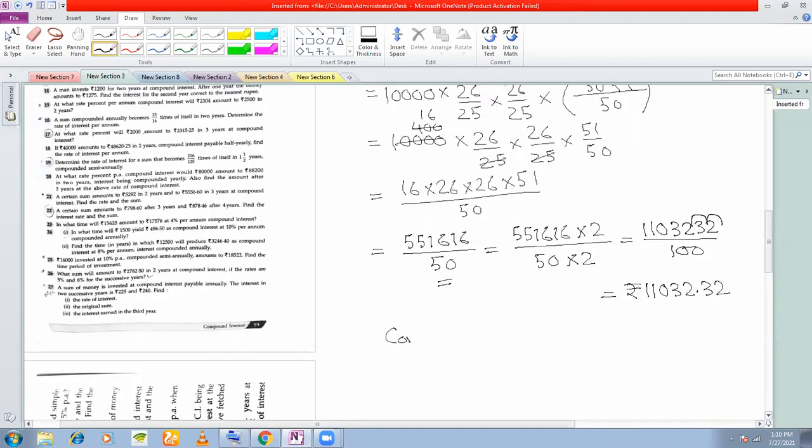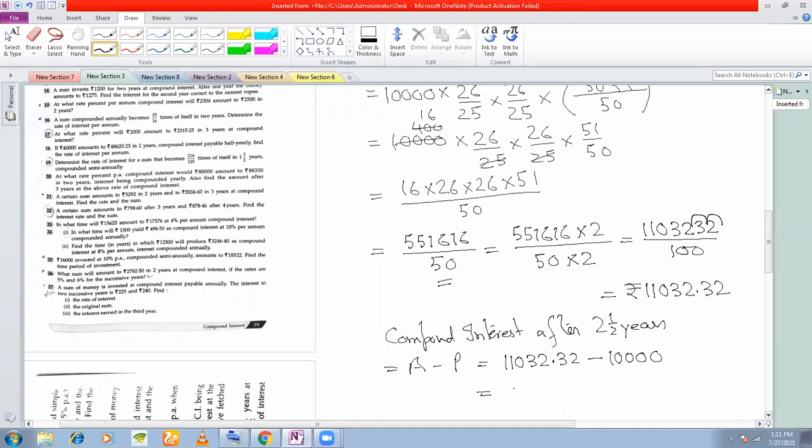So what should be the compound interest after 2.5 years? It is equal to A minus P, which is 11,032.32 minus the principal, which here is 10,000.